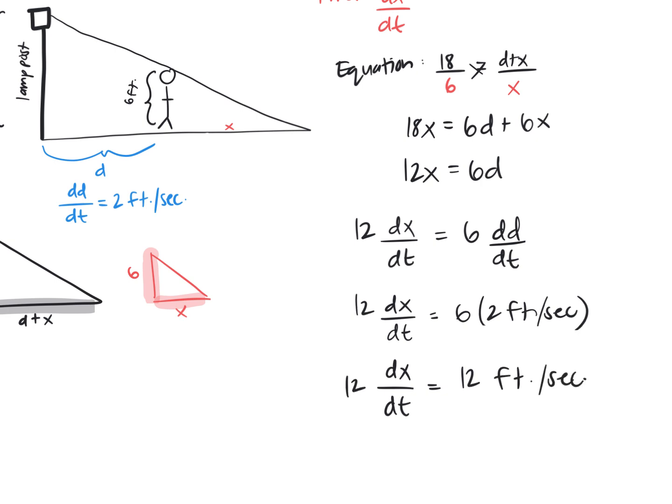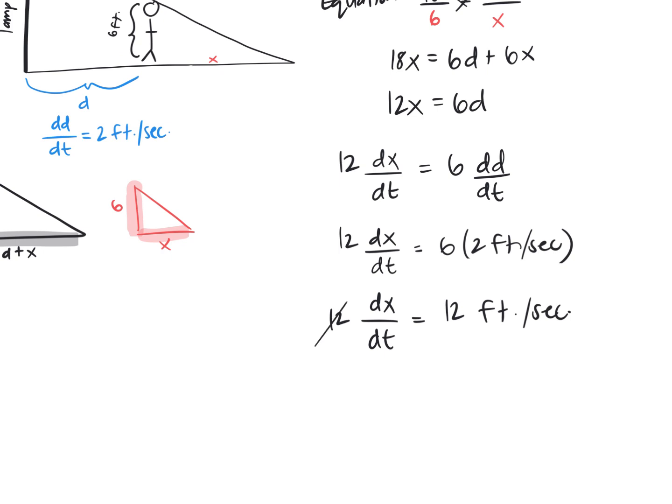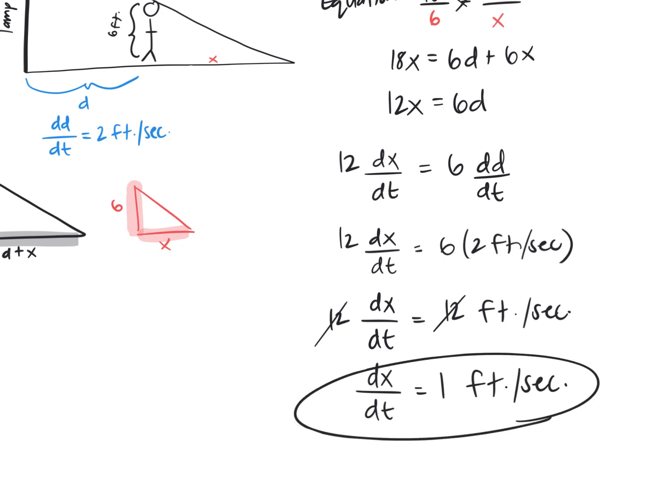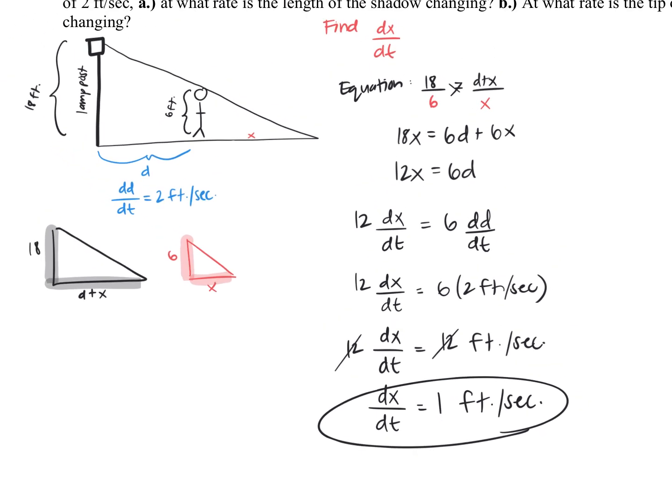Oh, but I forgot that 12 over there. So the 12s are going to go away. So my rate at which this is changing is just 1 foot per second. So that length of the shadow is growing. This piece right here is growing at a rate of 1 foot per second.